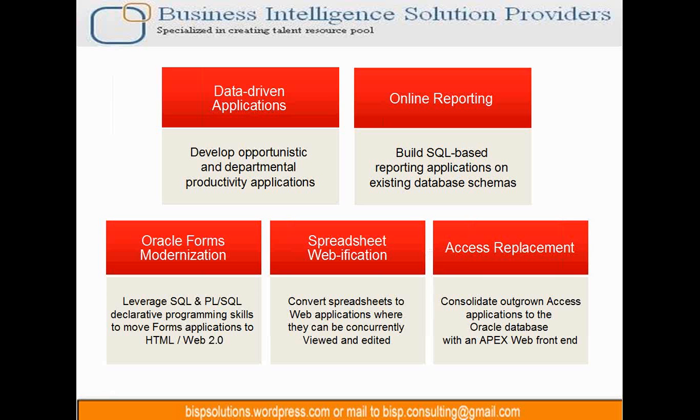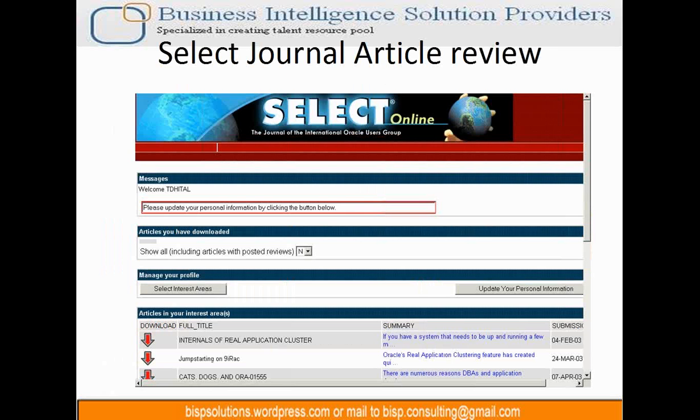These are just screenshots from applications which were developed earlier. This is one example of such an application, called an article review, where you can see messages shown and articles you have downloaded.